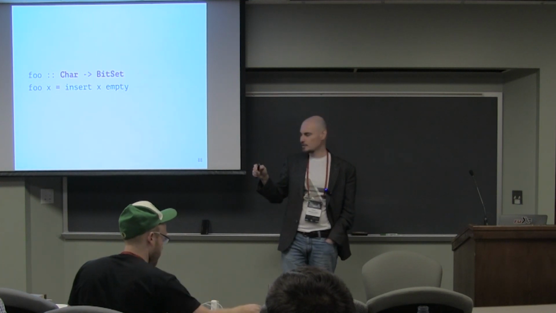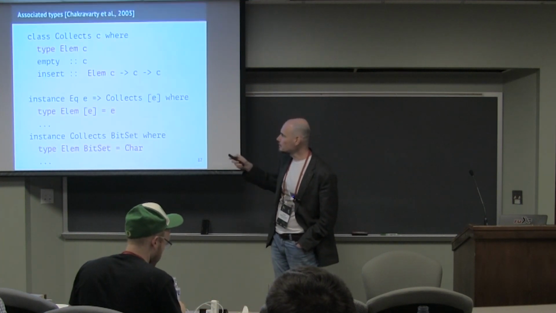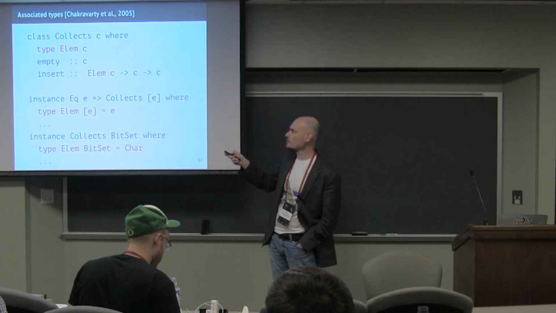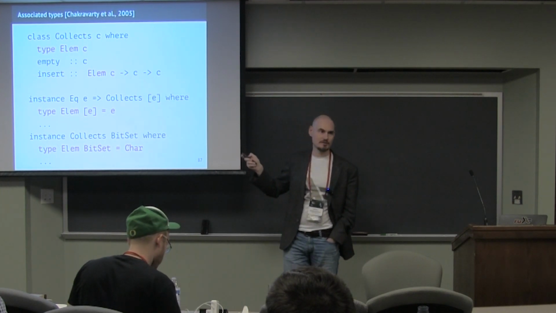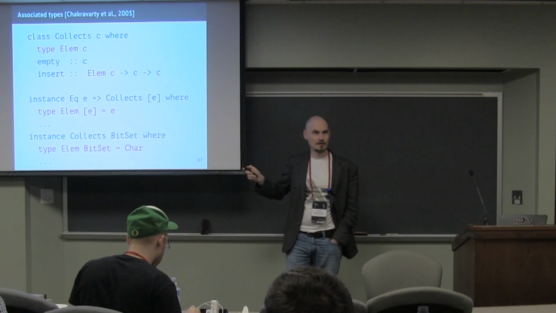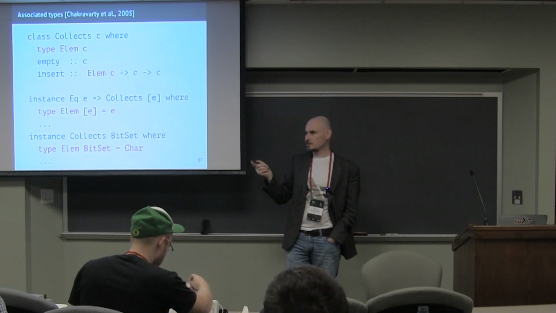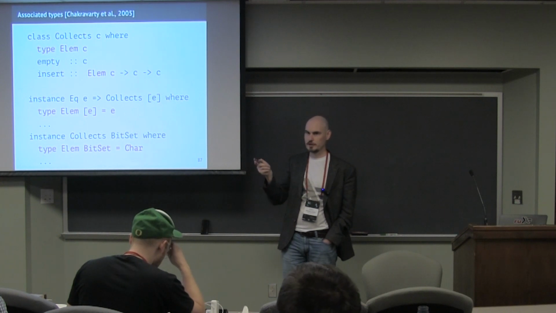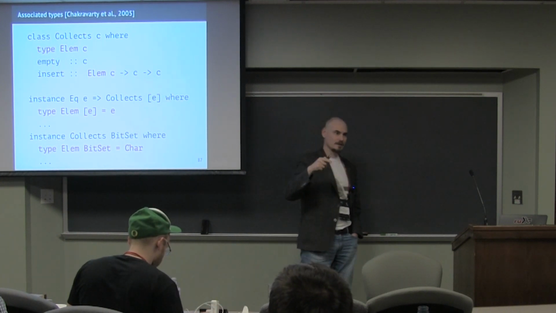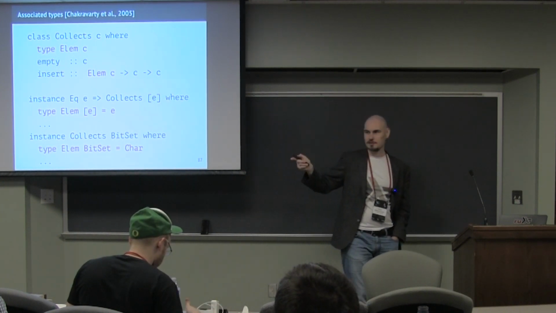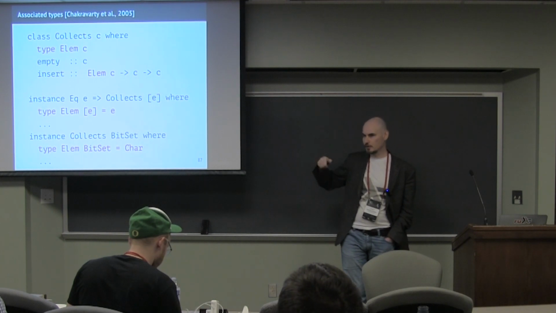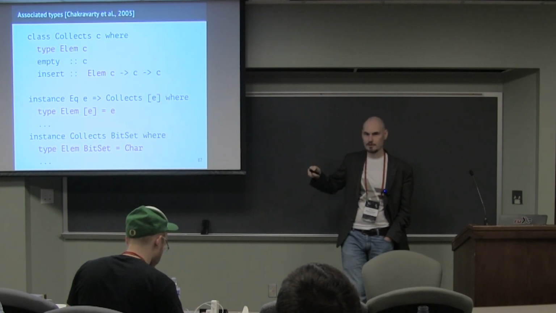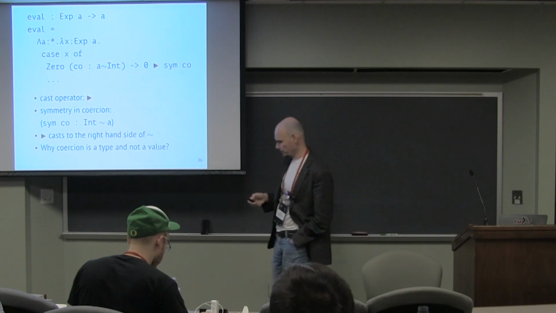It's something like Elem C. So you have to provide not a char, but something of this type. And again, it's a point where you can use coercions. You can say that this char is exactly the type Elem C. So you have two types which are coercible to each other in this particular function call.